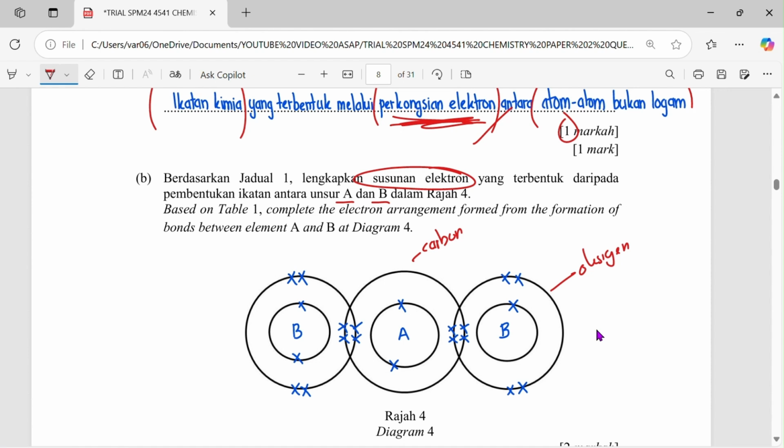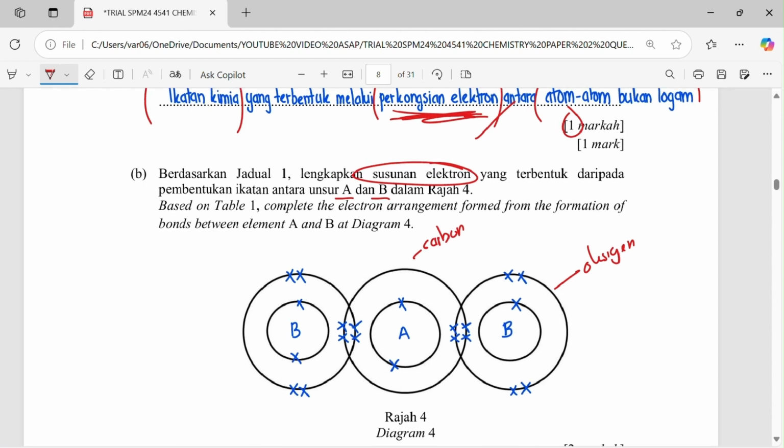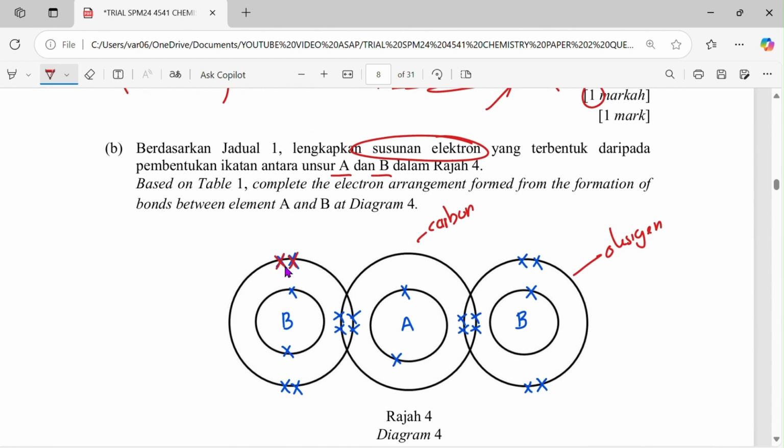Now, when there's 2 different atoms and you are assigned to draw the diagram, the electrons, like in this case, right, you see I've used only X to represent electron of B and A. Padahal atom B and atom A, they are different.